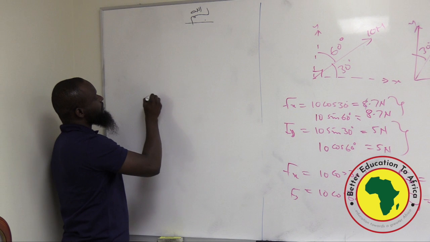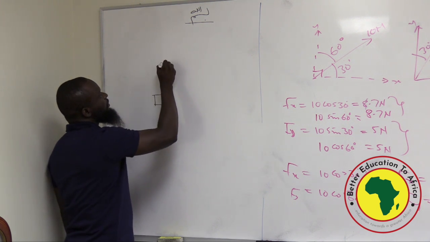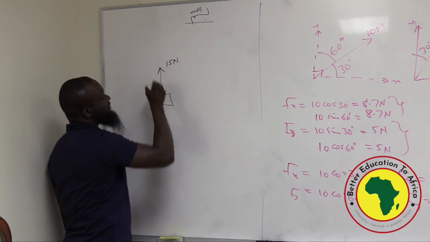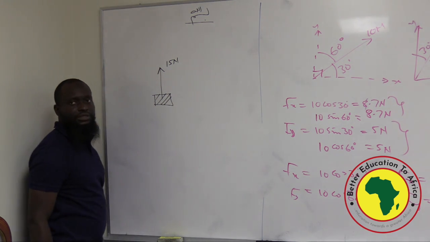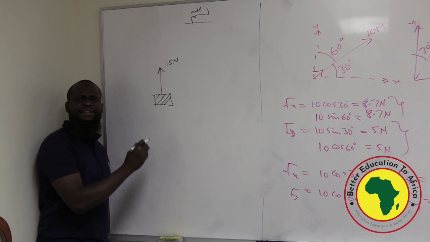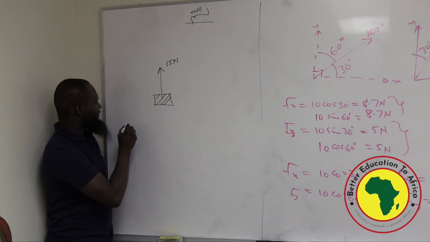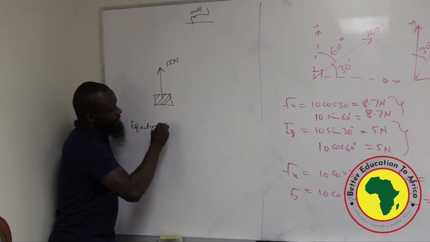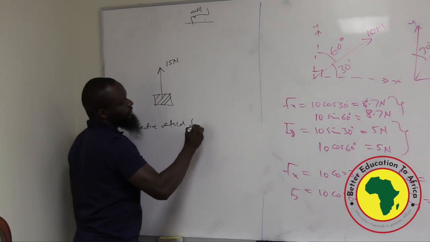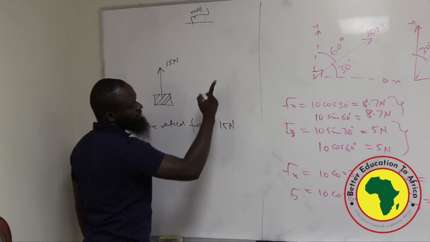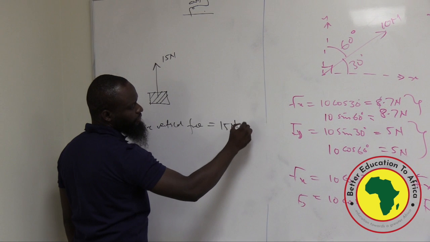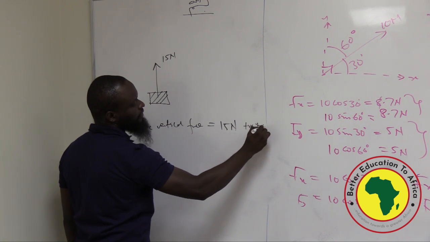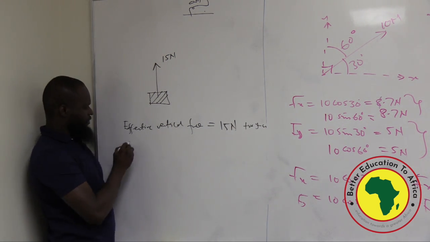I have a force, an example, of 15 Newton acting along the vertical like this. So I ask the question, what is the effective vertical force? The effective vertical force is just 15 newtons towards the positive y-axis. What is the effective horizontal force?